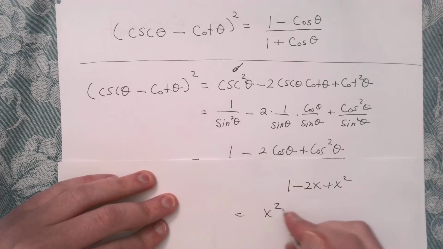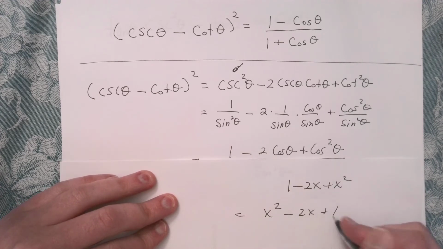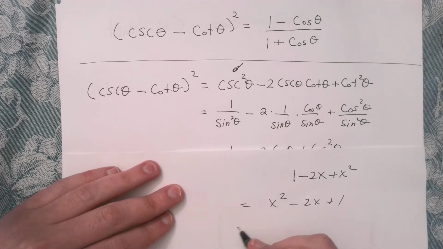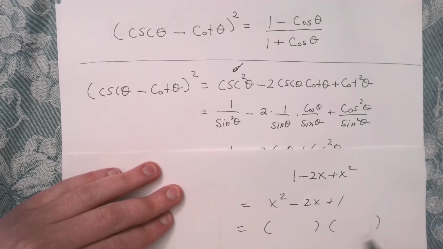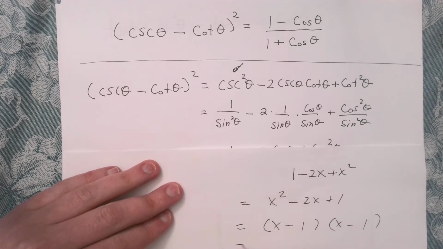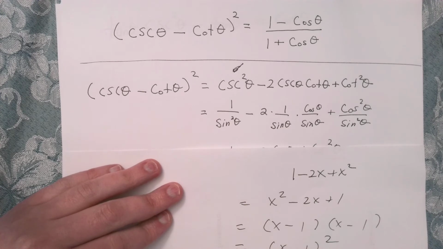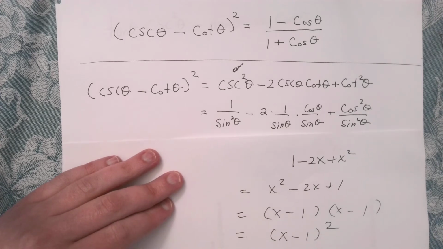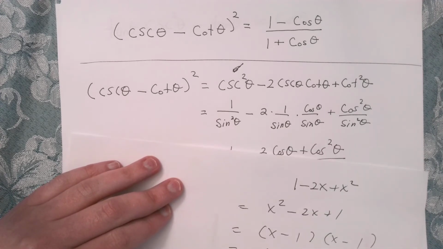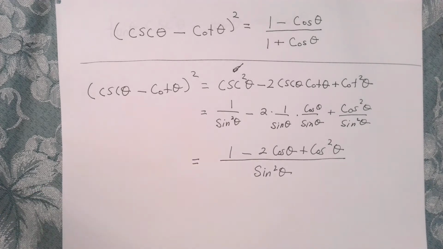And that's exactly the same as this, right? And if I wanted to factor that, that would be x minus 1 times x minus 1. And so that would be x minus 1 quantity squared. Maybe we could apply that same thinking here, and that might be useful. Let's try that.